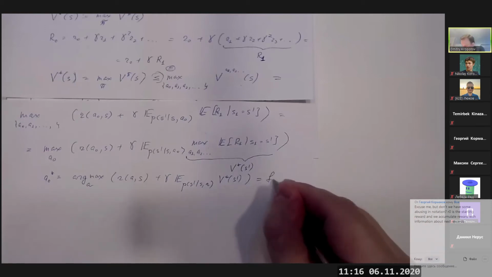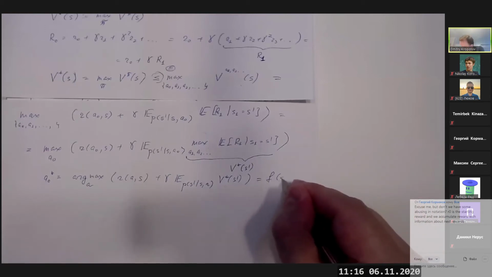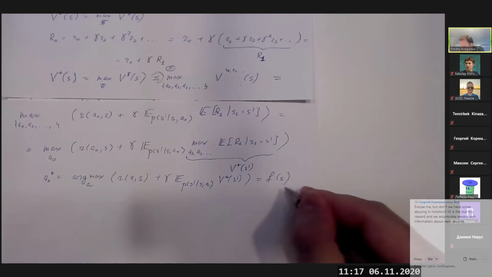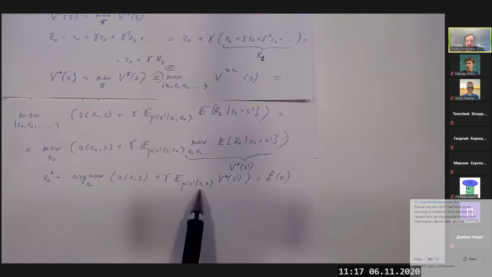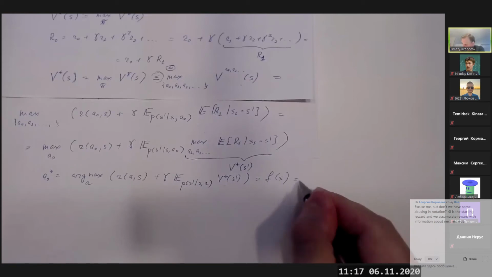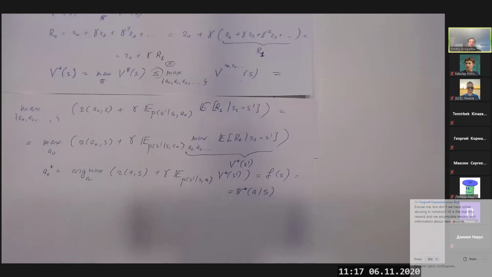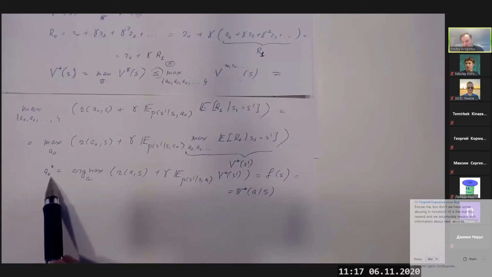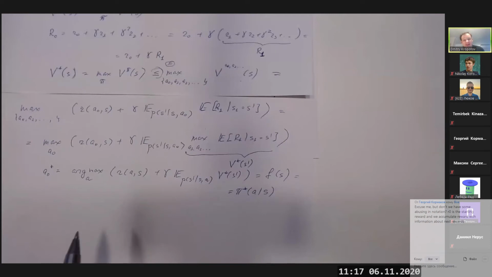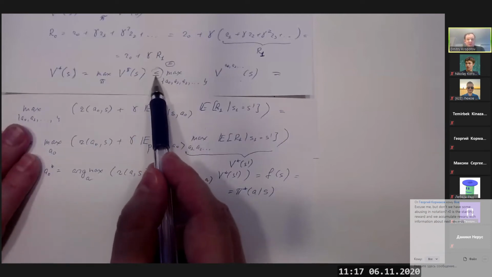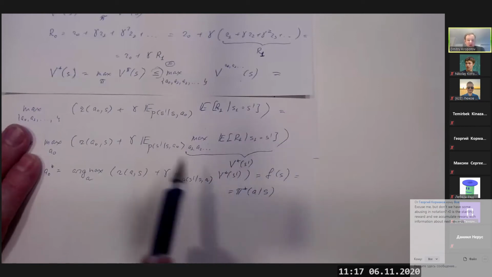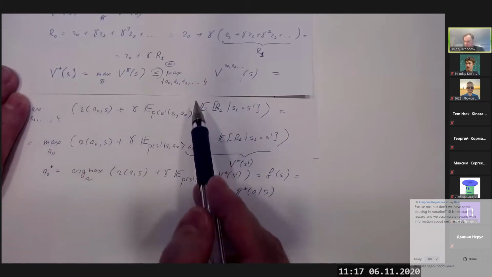So this is a function that depends on S, and that's all. We do not have a T index anywhere. So this is actually our optimal policy pi of A given S. If we fix some particular state S, our optimal action would be the same regardless of the time moment we consider. So that is why this inequality is actually an equality.